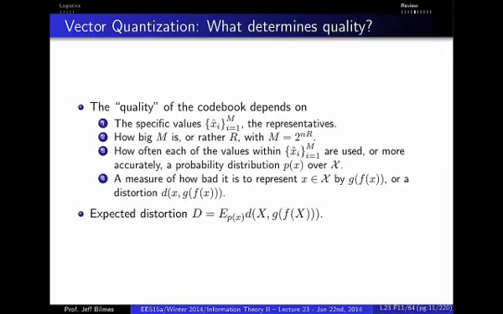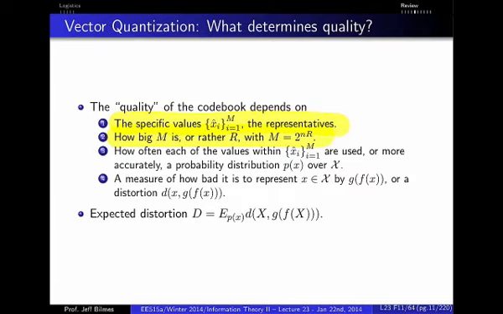There are a number of aspects that affect the quality of a code book. Number one, the specific code words, these representatives. And number two, how many representatives we have, which depends on the rate.